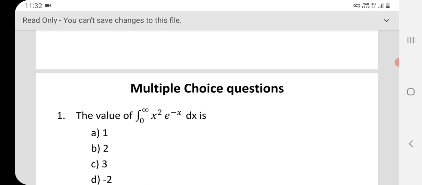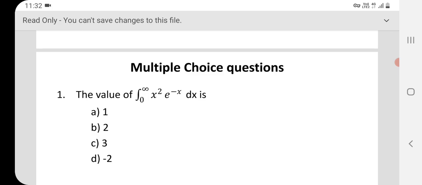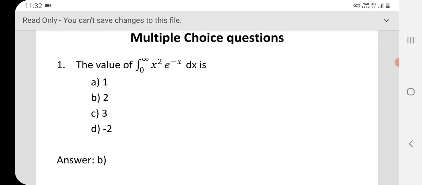So on this basis, now we will take some multiple choice questions for some particular functions along with some finite as well as infinite limits. The first one, integration 0 to infinity x power 2 e power minus x with respect to x.